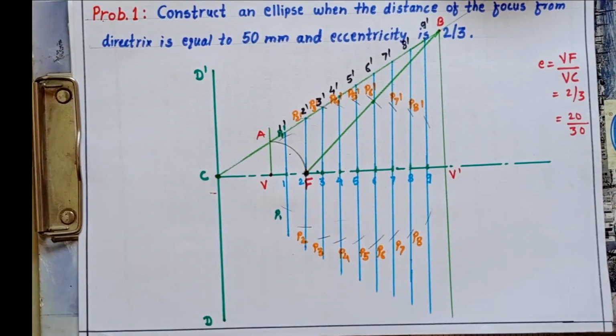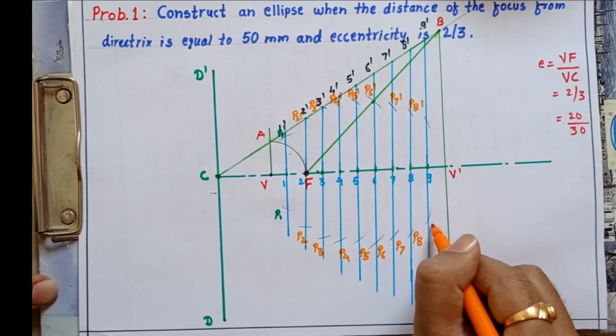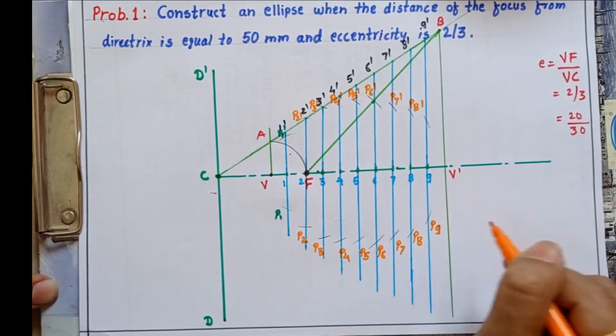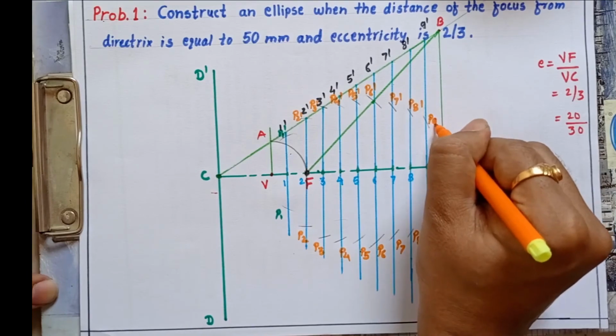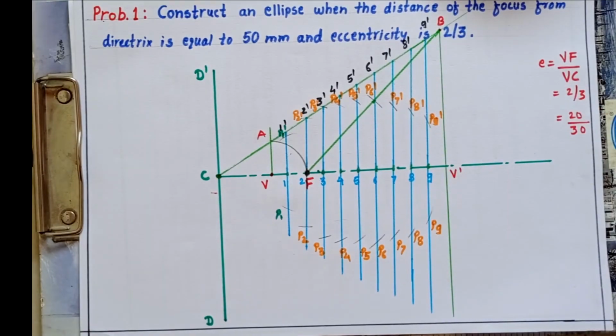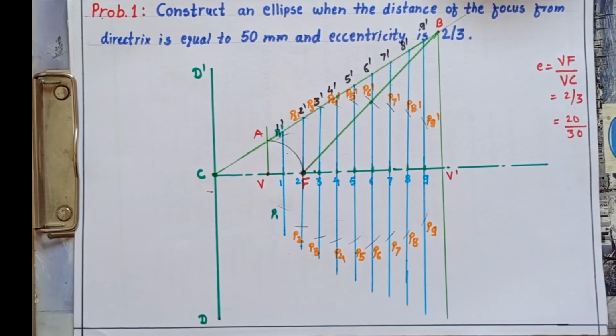Name the points as P9 and P9 dash. Now here you are getting all the points, and we are going to join them by means of a smooth curve. There we obtain an ellipse.